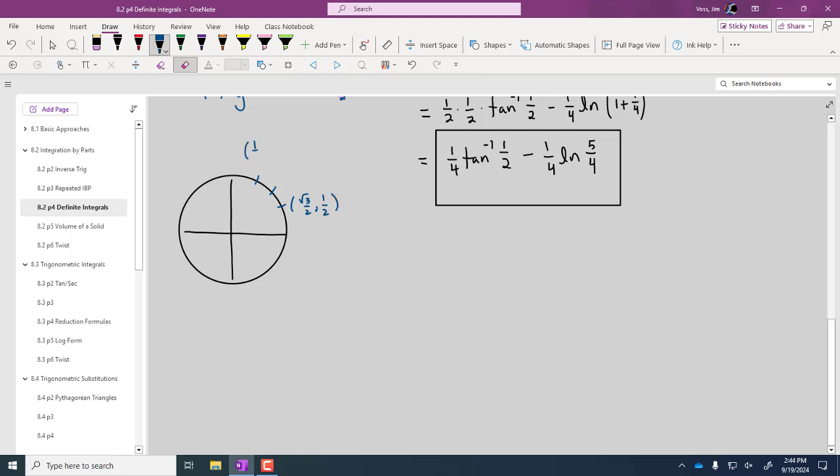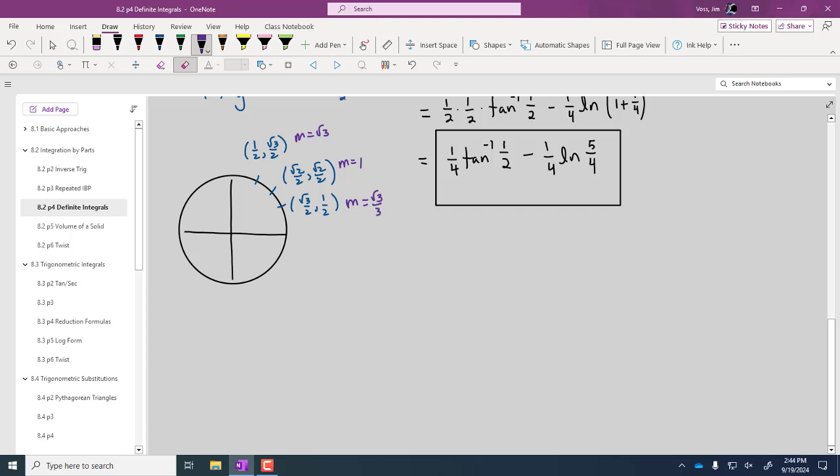This point here is 1/2 comma root 3 over 2. And inverse tangent is asking for a specific tangent value. Tangent is the same thing as slope when you're talking about points on the unit circle. The slope here is m equals 1, y over x. The slope here, y over x, is root 3, and the slope here is root 3 over 3 if you rationalize the denominator.